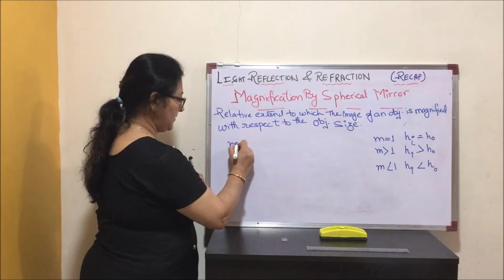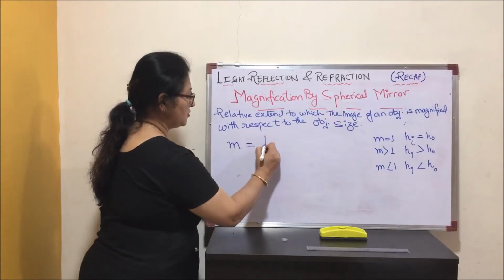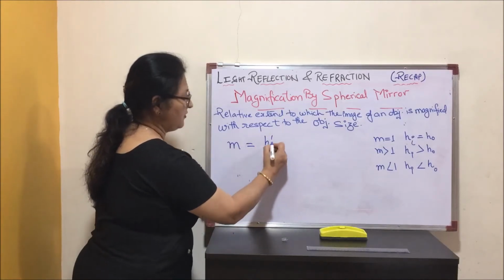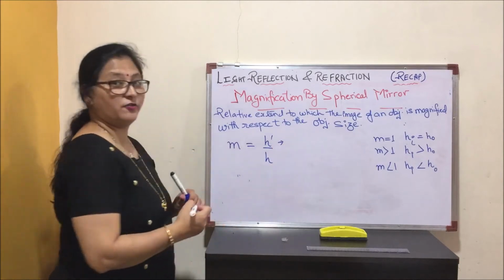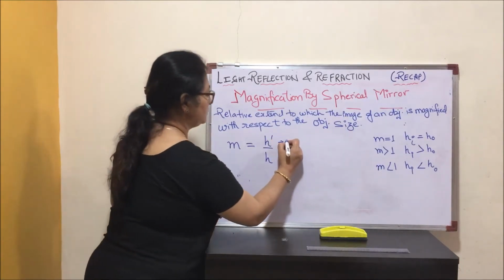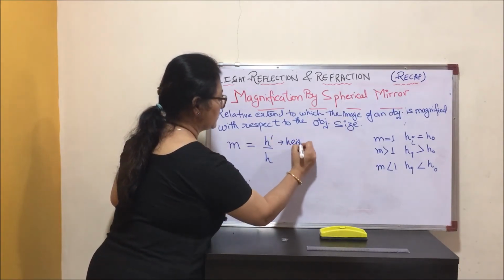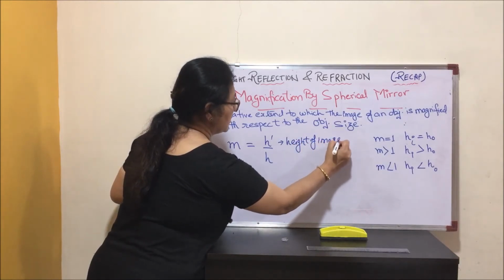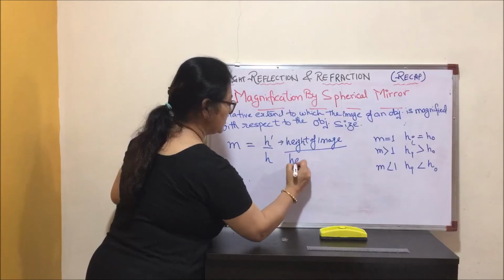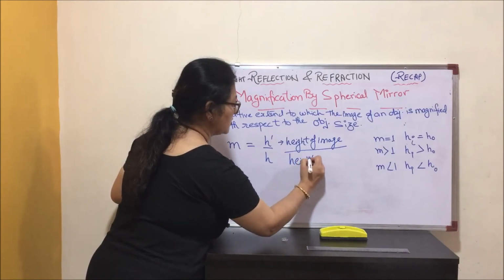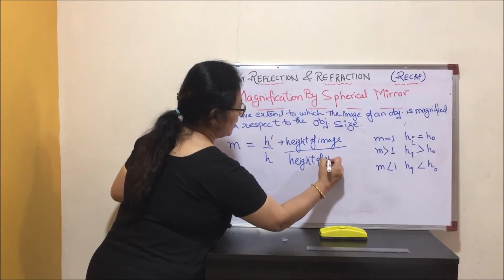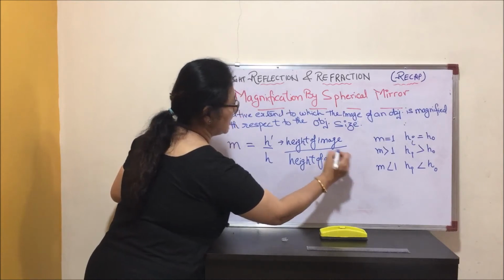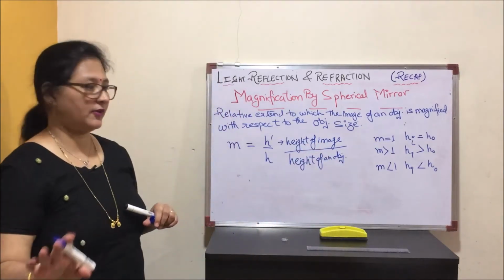The formula is magnification m is equal to h dash upon h, where h dash is the height of the image divided by the height of the object, right?